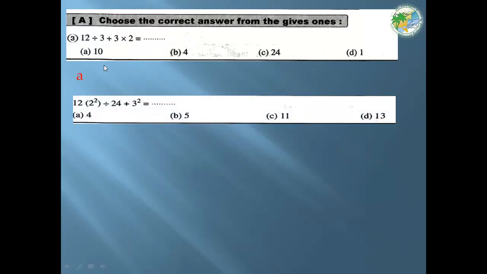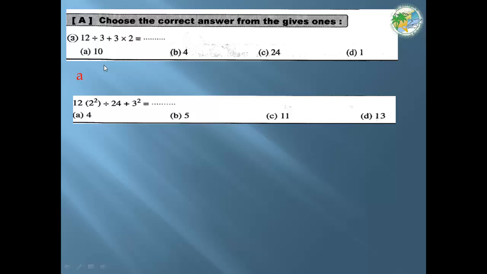Another question. 12 times 2 power 2 divide 24 plus 3 power 2. Okay, try to answer. Choose the correct answer. We perform this expression from left to right. Power, multiply or division, subtract or addition.